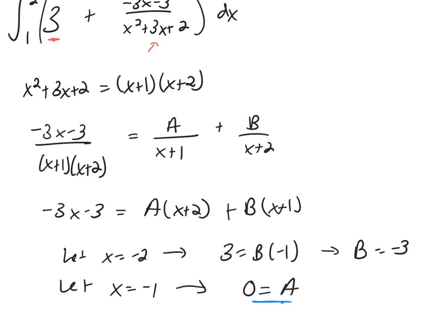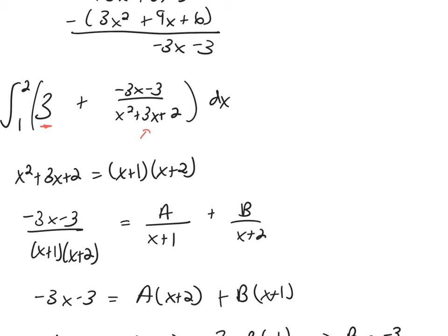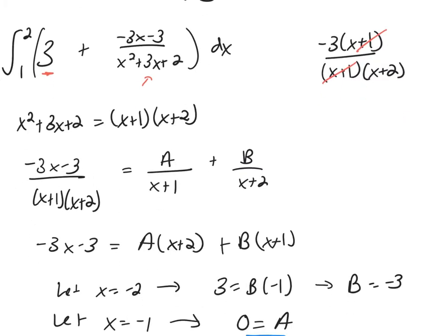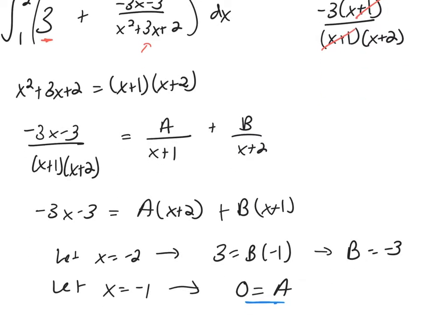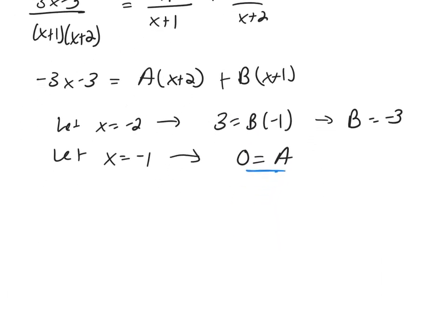If you look back at our original fraction, if I factor a negative 3 out of the top and leave the denominator factored, you'll see that the x plus 1s cancel. And so that's why we're getting 0, because we could have canceled something in the numerator and denominator.